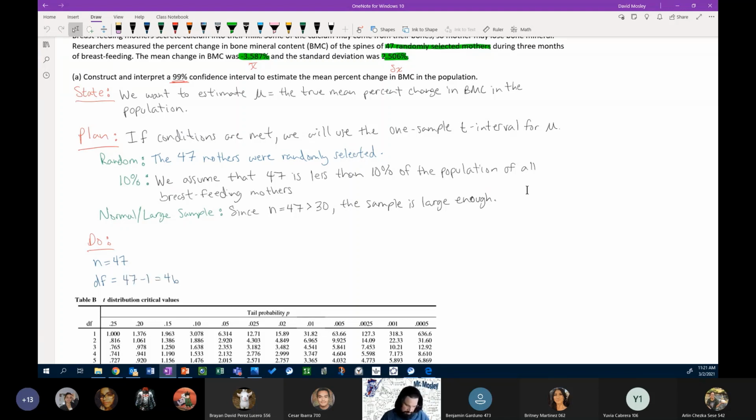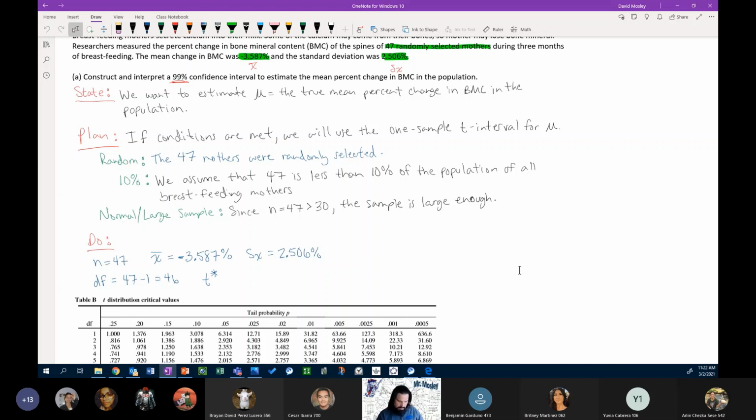It's 46. x bar was equal to negative 3.587, and our sample standard deviation was equal to 2.506. So what we need now is t star. We don't have that. That's the last value we need to get our interval.